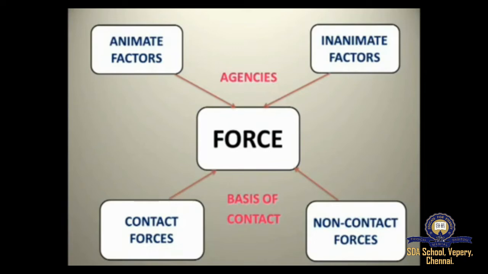Just now we saw what contact and non-contact forces are. When two objects physically interact or touch each other, a force is created. Such a force is called a contact force. And the second one is the non-contact force. Non-contact forces are executed without touching the object. Okay, students?